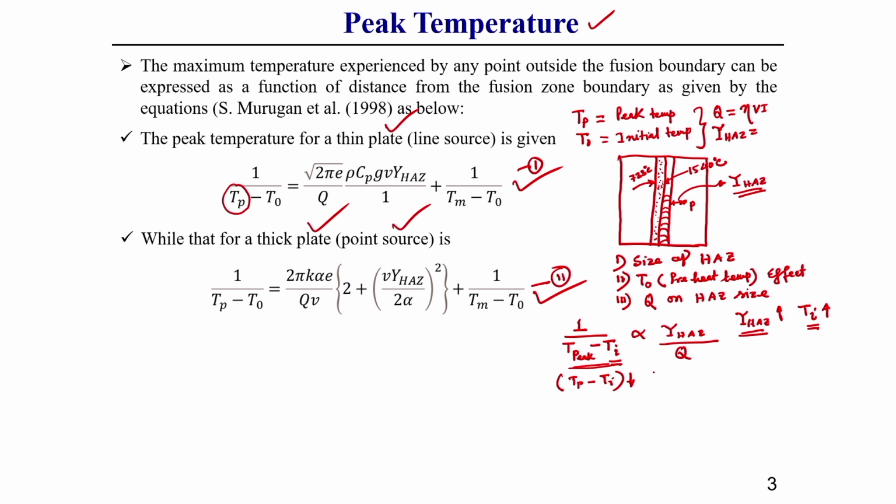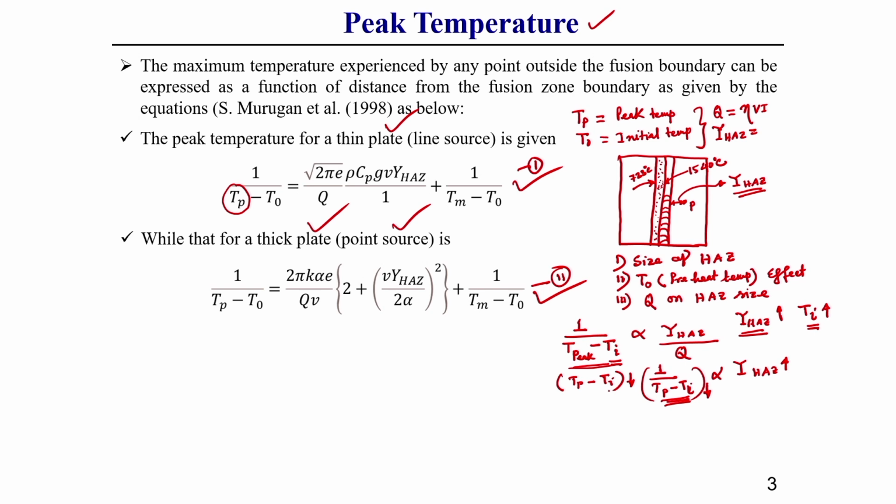We know 1 by Tp minus Ti has an inverse effect with the heat affected zone. If this decreases then this will increase definitely, that is what I am showing here.